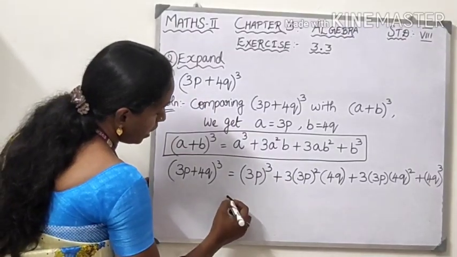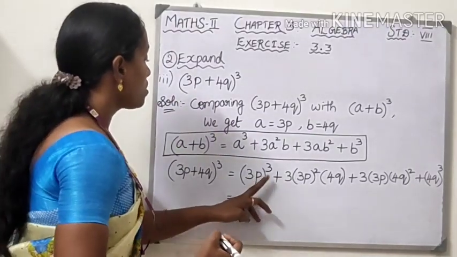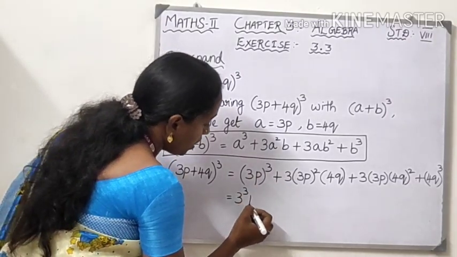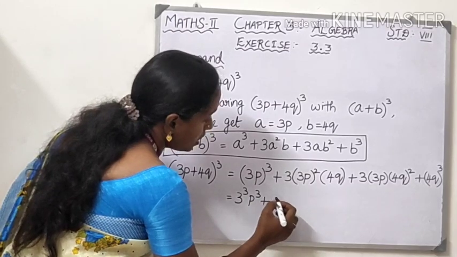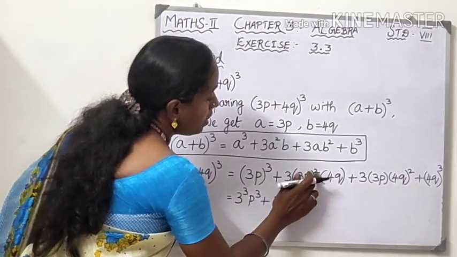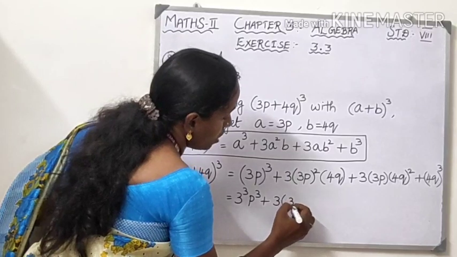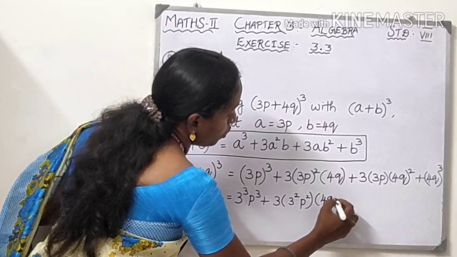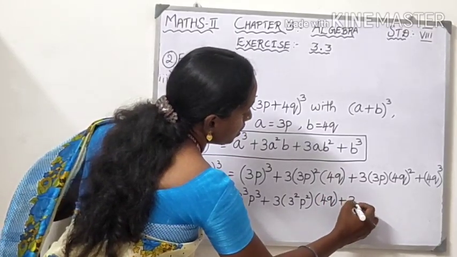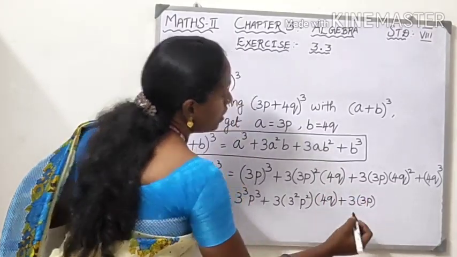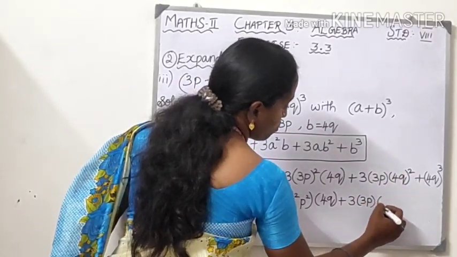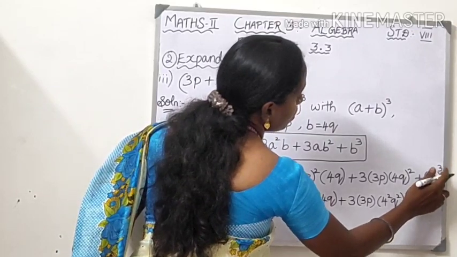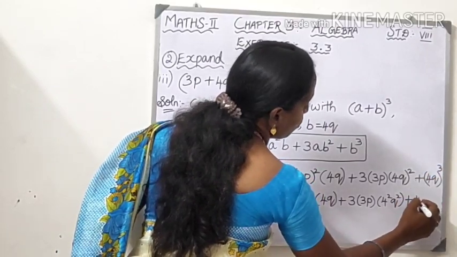So now you can write this is equal to, with the cube given inside the bracket: 3 cube p cube plus 3 times 3 square p square times 4q plus 3 times 3p times 4 square q square plus 4 cube q cube.